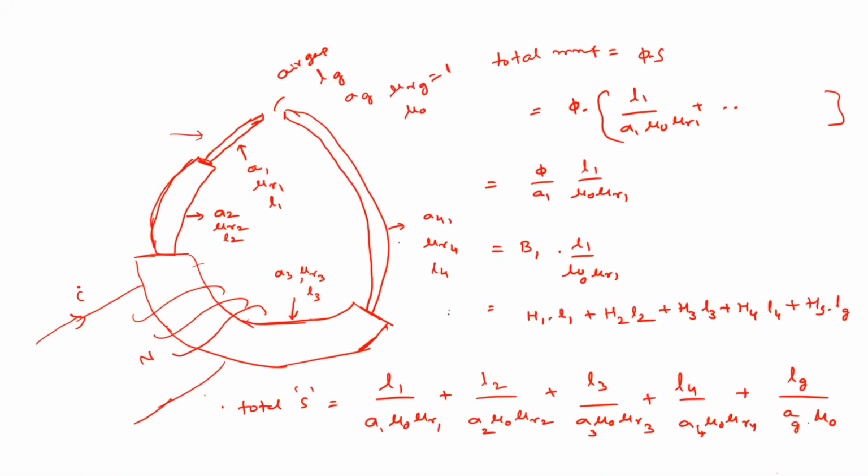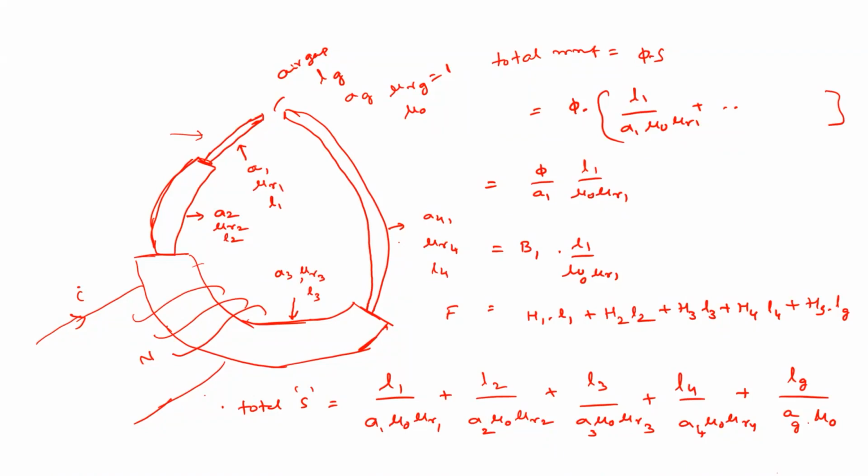This is the MMF required to set up a magnetic flux in this core material, which is composed of different materials with different cross-sectional areas and lengths. In addition to that, we also have an air gap.